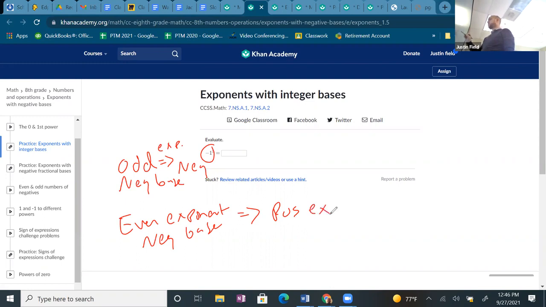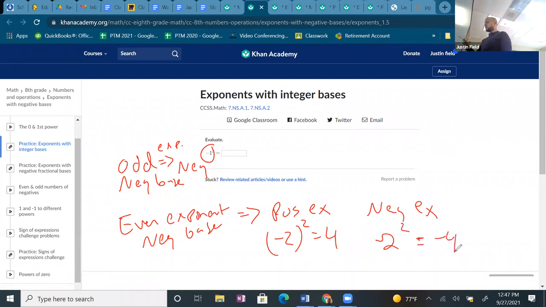Positive example: (-2) squared is +4, and the negative example is -2 squared is -4. The parentheses make it positive. But the odd is always negative. So (-1) to the 5th power is -1: -1 times -1 times -1 times -1 times -1 is -1.